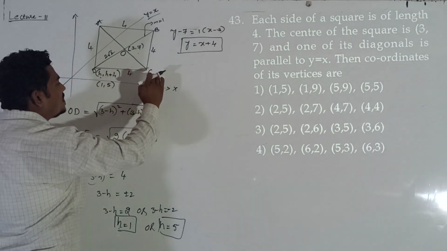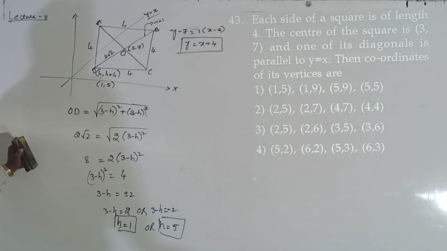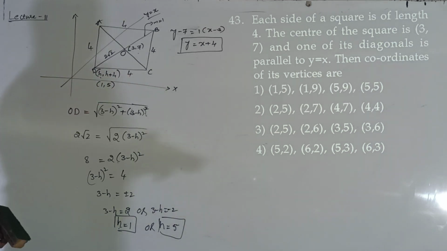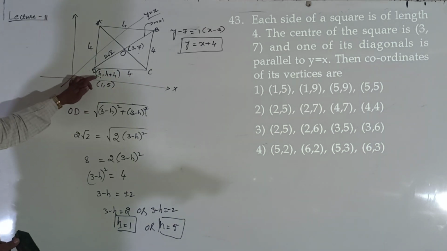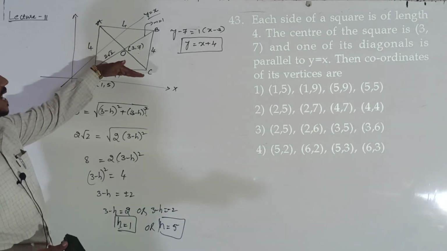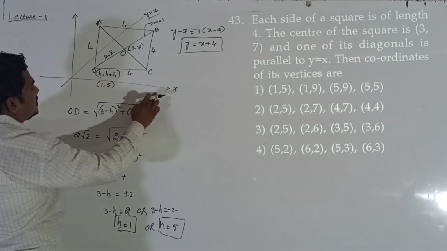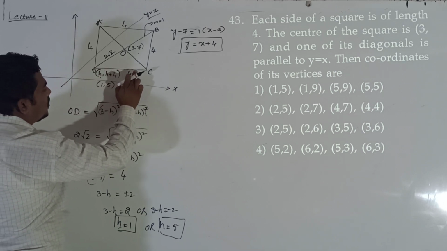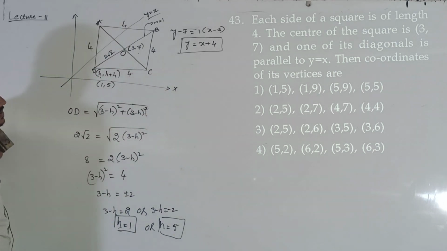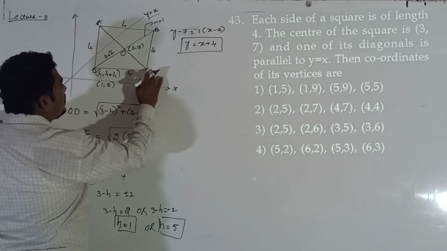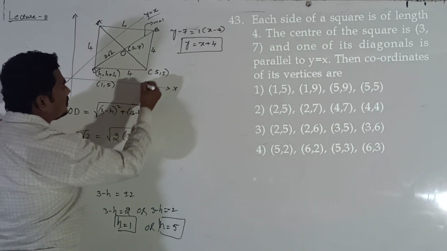Parallel to the x-axis means the y coordinate remains the same. CD line is parallel to the x-axis. Only the x coordinate is changing, the y coordinate remains the same. Means this point is clearly 5 comma 5 only, right?